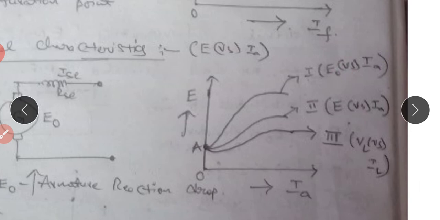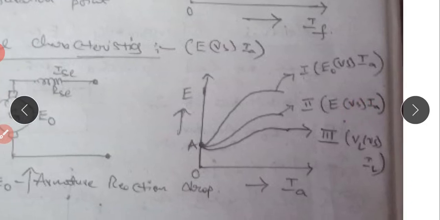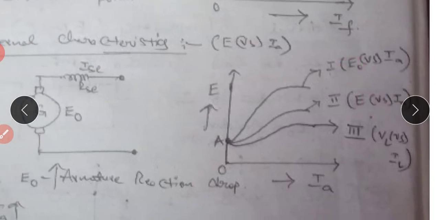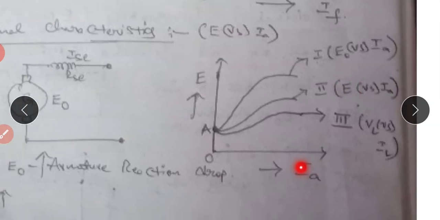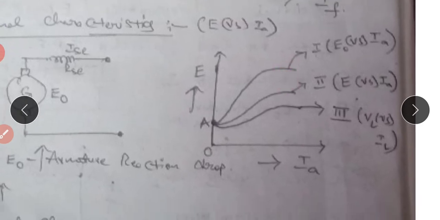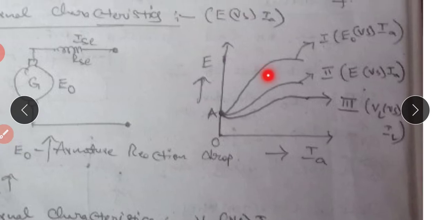So next one, E versus IA graph. The difference between E and E0 is the armature reaction drop. So by increasing this armature current value, armature reaction drop increases. So the E versus IA graph deviates from the E0 versus IA graph. Okay, this distance increases. By increasing armature current value, the difference between these two graphs increases.